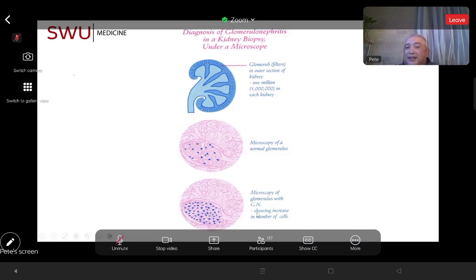But when you have glomerulonephritis, you're going to have a hypercellular glomerulus. There's going to be a lot of inflammatory cells, and when your inflammatory cells are neutrophils, then you're dealing with an acute condition. If you're dealing with a chronic condition, then you are going to have a lot of lymphocytes. So normally the glomerulus is cellular, but when it becomes hypercellular, then the term is glomerulonephritis.